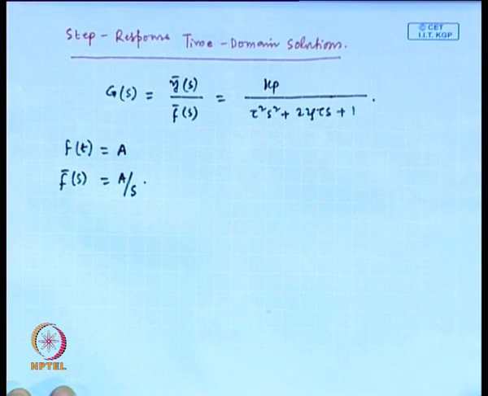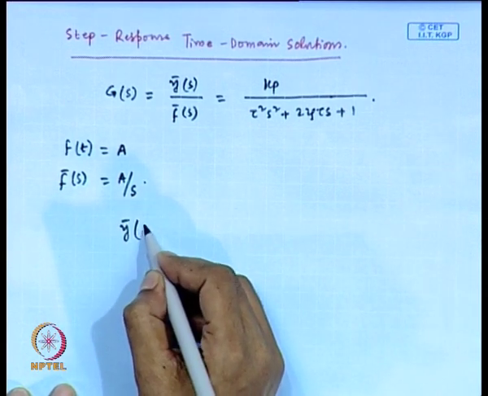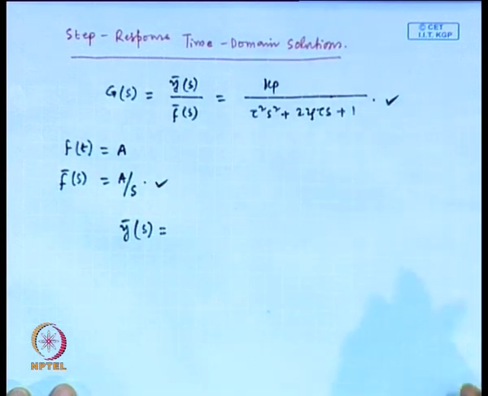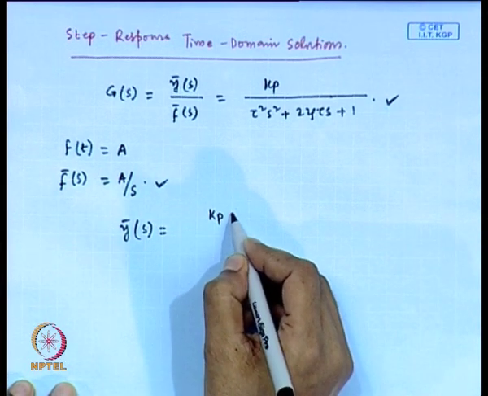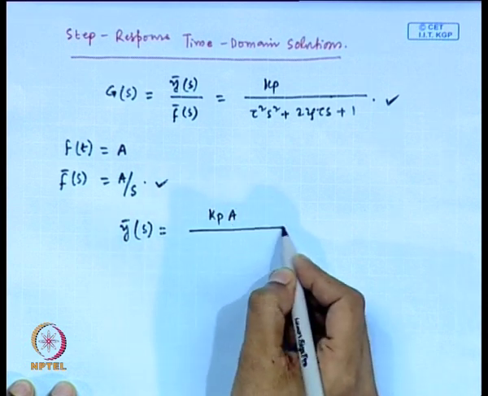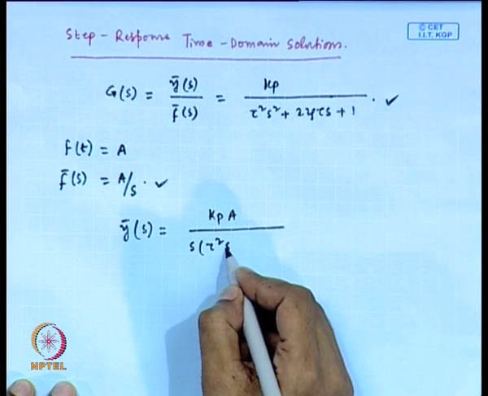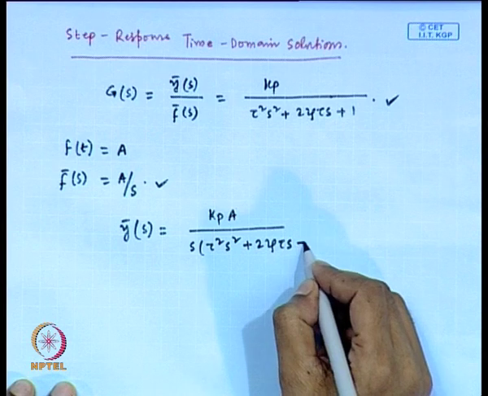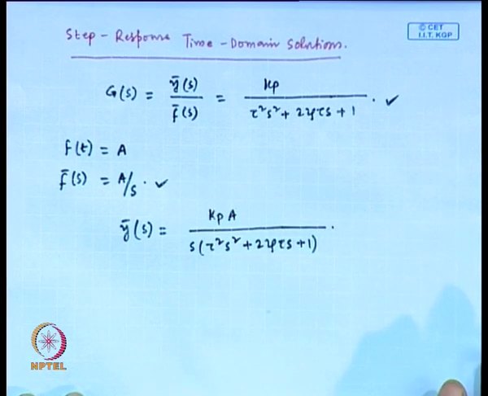Fine. Now, introducing this f bar s expression in this general form of transfer function, we obtain y bar s equals k p a divided by s into tau square s square plus 2 zeta tau s plus 1.